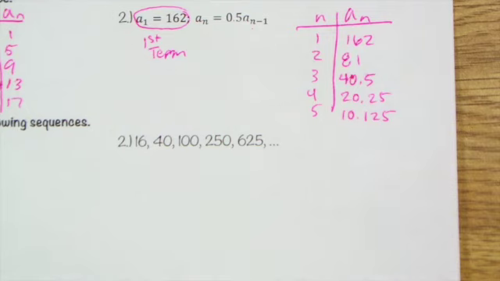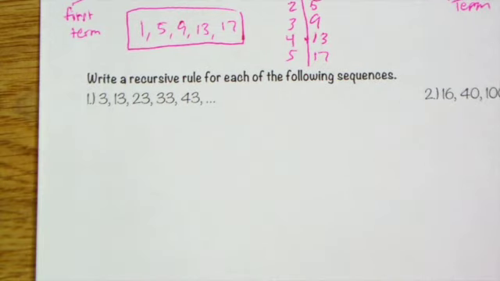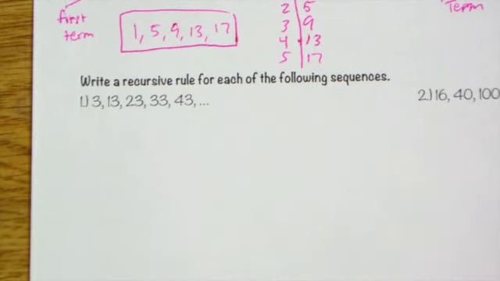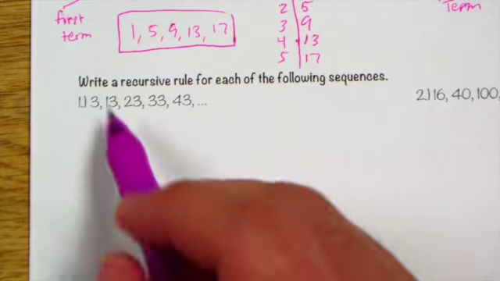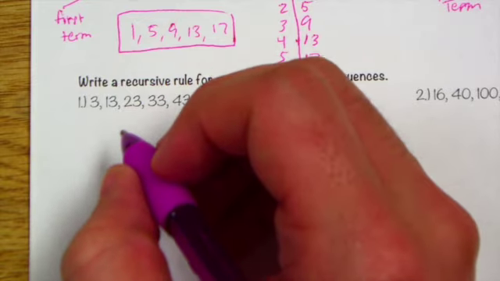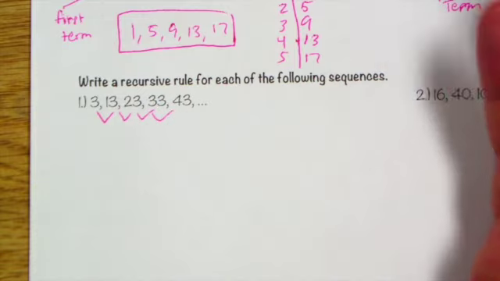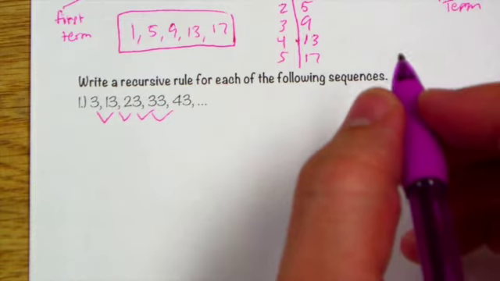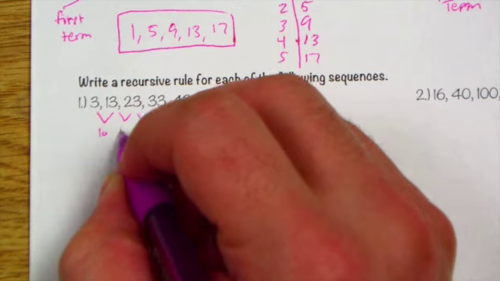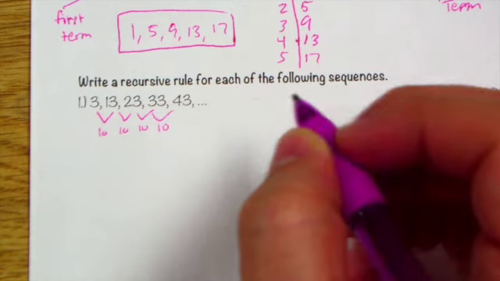So now the question is, how do you write a recursive rule? How would we write the rule for a recursive sequence if we're just given the numbers? When you're just given the numbers, what you need to find is the common difference between all these. What's being added or subtracted every single time? Well, it looks like it's 10 plus 10 plus 10 plus 10.